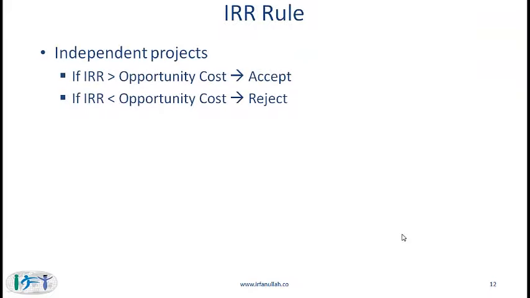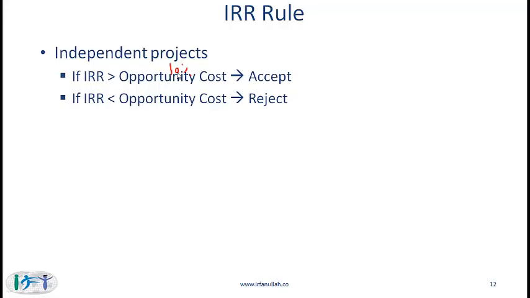Just like there is a NPV rule, there is also a IRR rule. For independent projects where you are simply making a yes/no decision on a given project independent of all other projects, if the IRR is greater than the opportunity cost, then you accept a project. The way you can think of this is, your opportunity cost might be 10%.